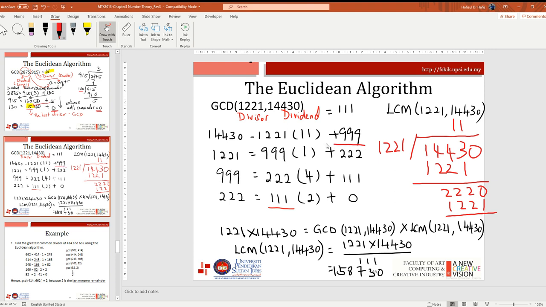Then we continue here: 222 multiplied by 4 is 111, until 0. Then for the GCD here we multiply by 111, and we got 158,730.